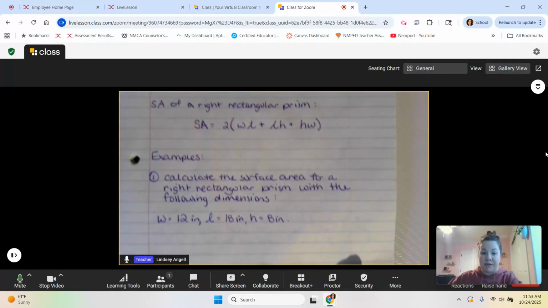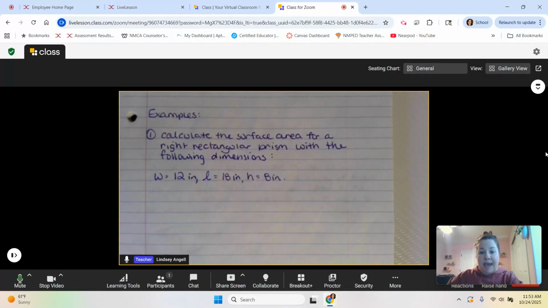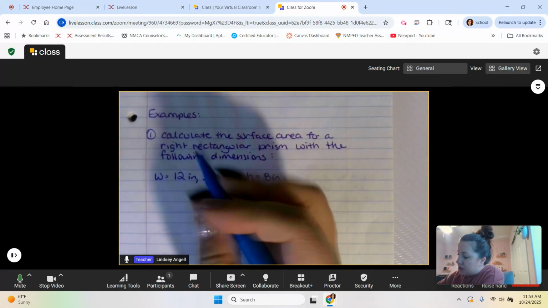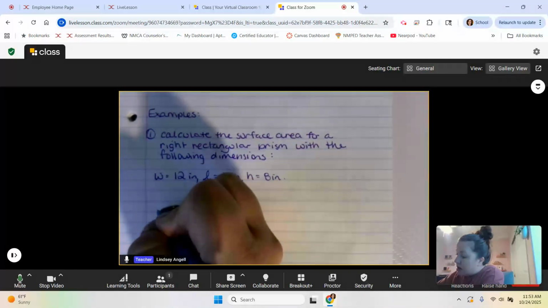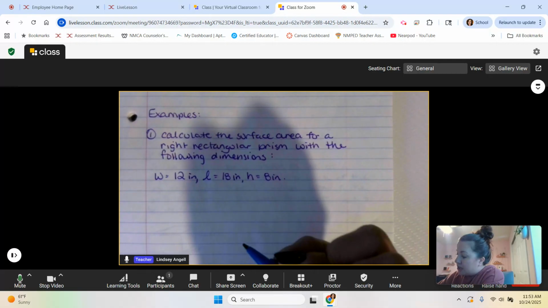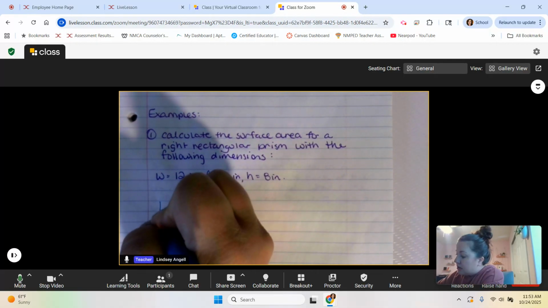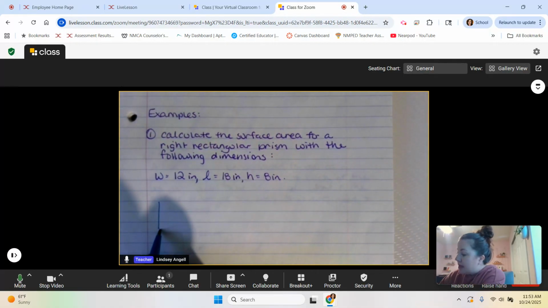My first example says calculate the surface area for a right rectangular prism with the following dimensions. They have different dimensions, which means it's not a cube. If I were to draw this, and this is not going to be perfect, maybe that's my height.